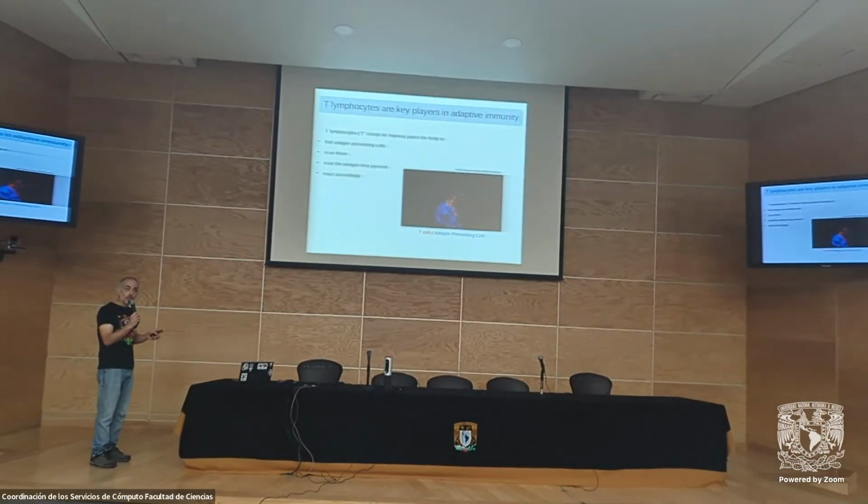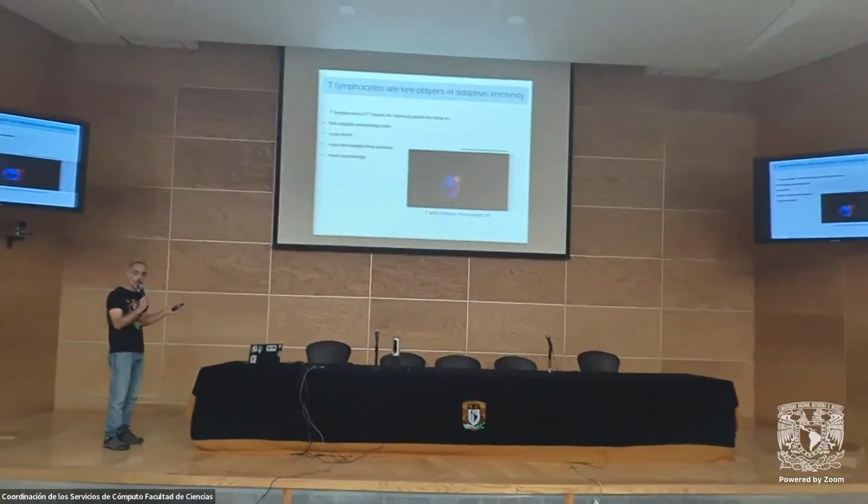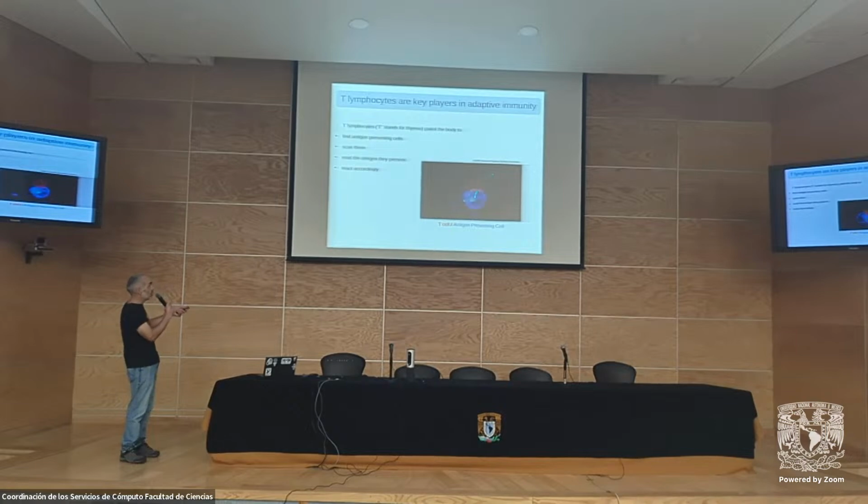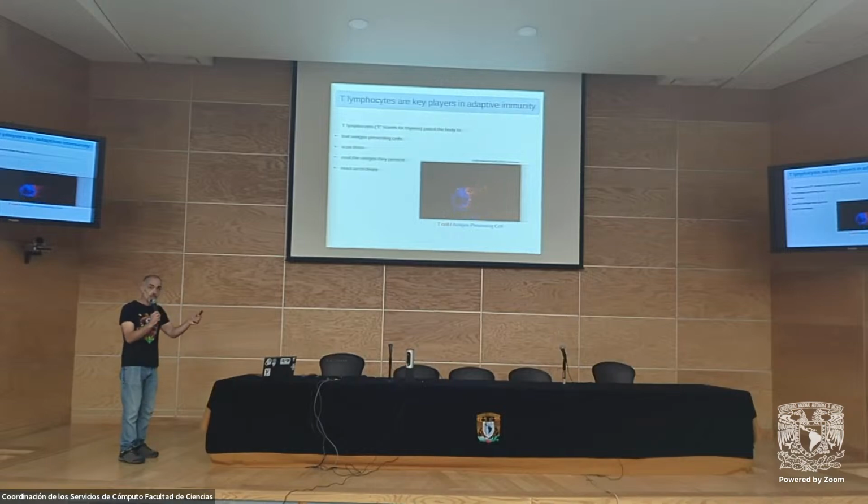The antigen-presenting cell could be a physiological one, like a dendritic cell, macrophages, B cells, and so on, or it could be a cancer cell. It has to present a message that the T-cell will read by scanning it very actively. In fact, it touches, pushes, tries to read the surface as you would do if you were blind, basically. So it has to read the antigen and then react.